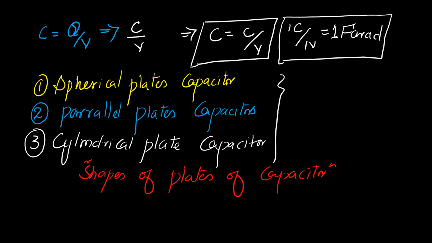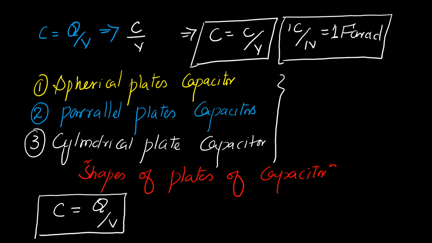So we should now keep in mind that the capacitance of capacitor is C is equal to Q divided by V. Keep in mind that capacitance of capacitor does not depend on the amount of charges or potential difference, but capacitance of a capacitor is a quality.